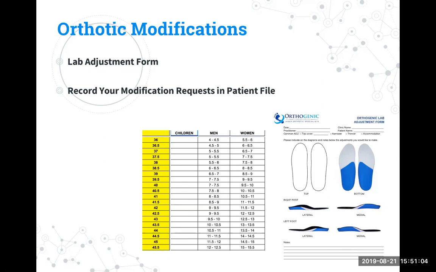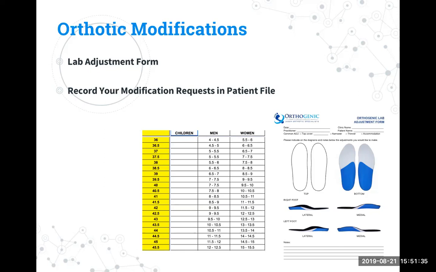Another thing we wanted to note was that after you make a modification to an orthotic, it's important that you record this somewhere. If you're not, it can be complicated if you reorder, like the patient now is very happy in their orthotics and next year they want to reorder another pair. If you don't have the modification recorded, likely when you reorder it from us, we're going to make that orthotic with the same exact issue.